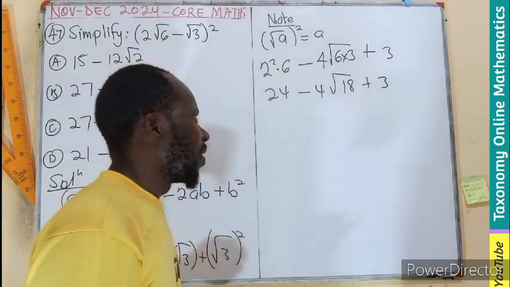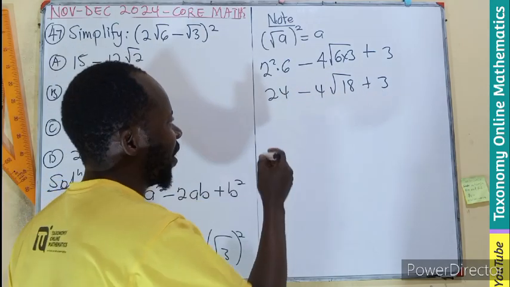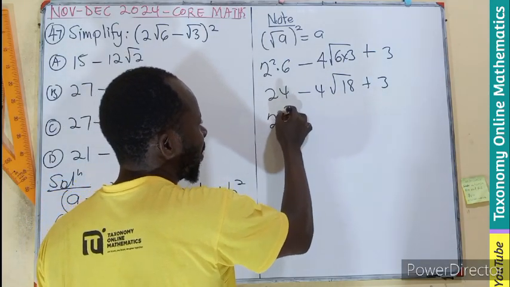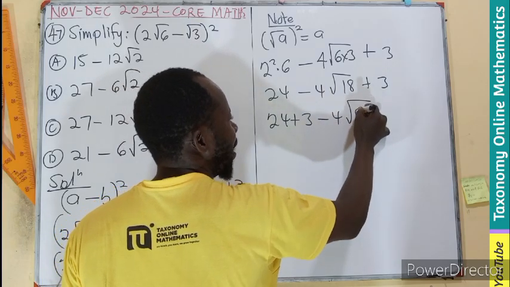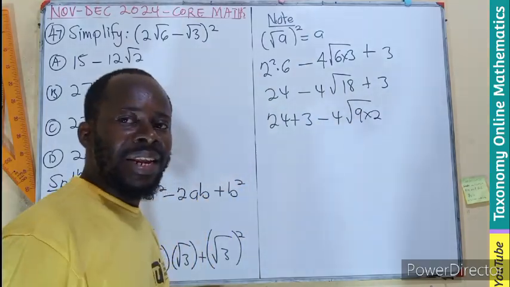Alright, we know this will come here to give us 24 plus 3 minus 4 root 18.